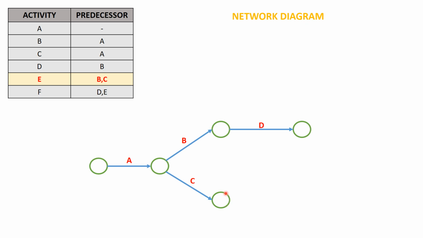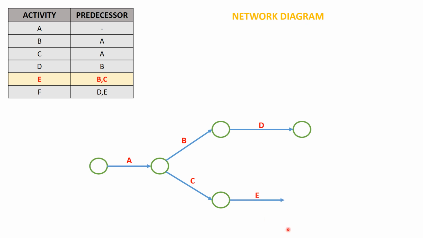So in order to draw activity E, we need a certain node where both C as well as B meet each other. Only when the two activities meet at a node does that indicate the predecessor relation for the activity coming successively after the event.